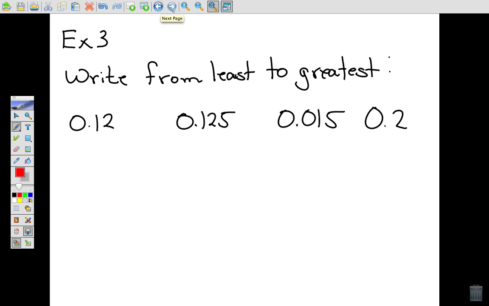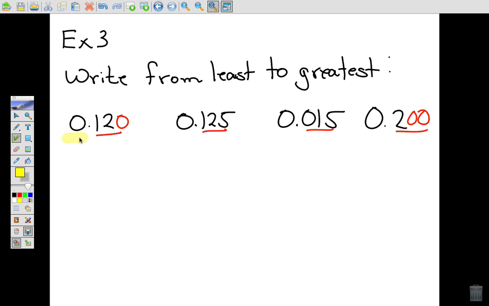All right, last example, example 3. What I want you to do is write these decimals from least to greatest. Pretty much the same philosophy. Now, what's the most amount of places to the right of the decimal? 3, right? So I want to make sure I have 3 in each of them, and then I can compare them easily. All right? Now all of them have 3. Now, let's compare the first number.